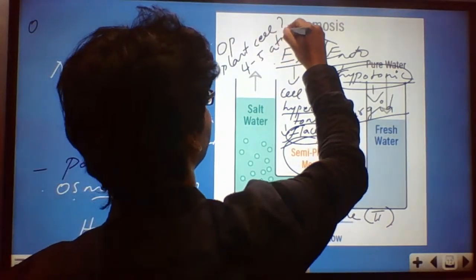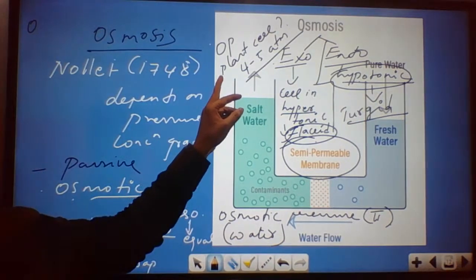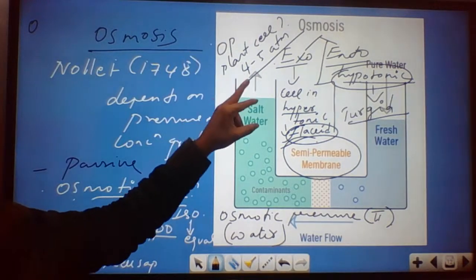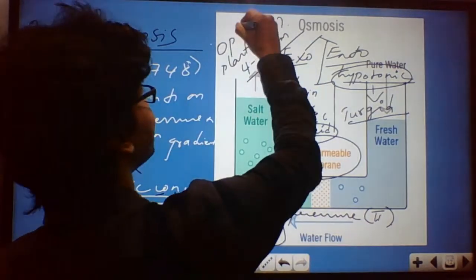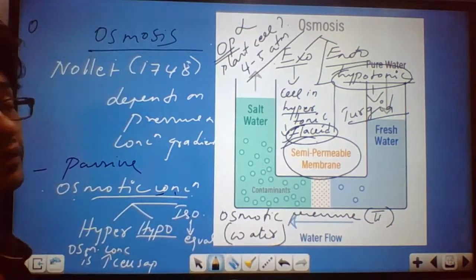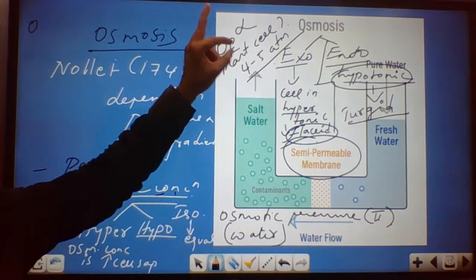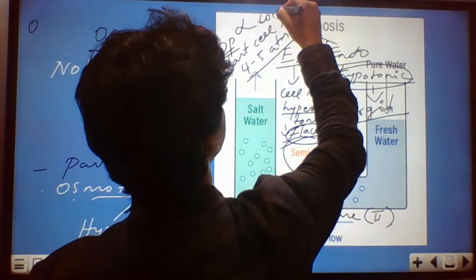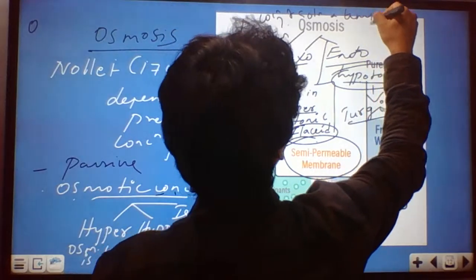One more thing, osmotic pressure is directly proportional to both the concentration of the solution and the temperature.